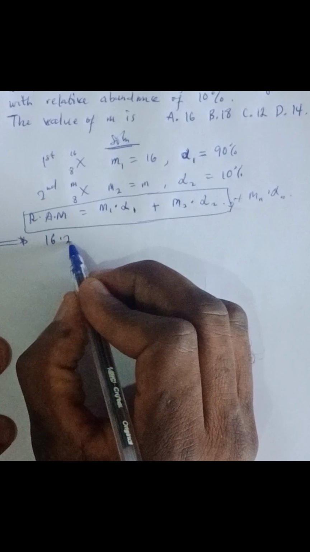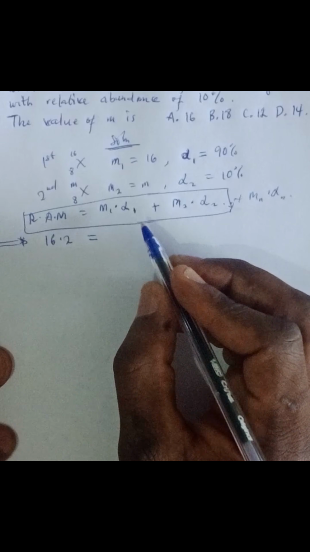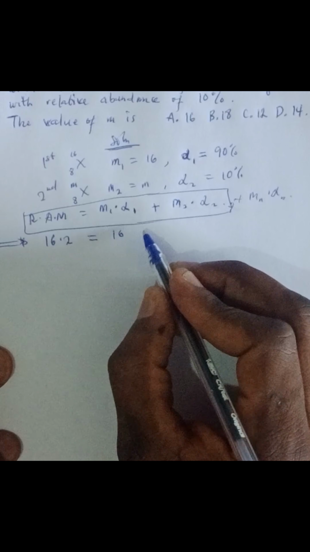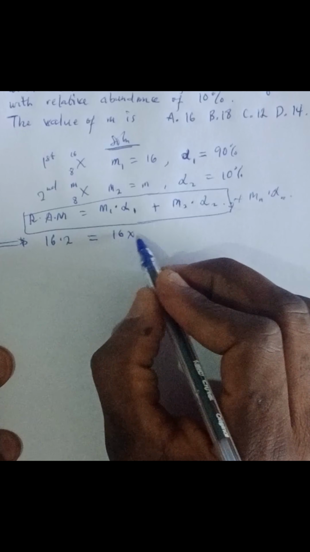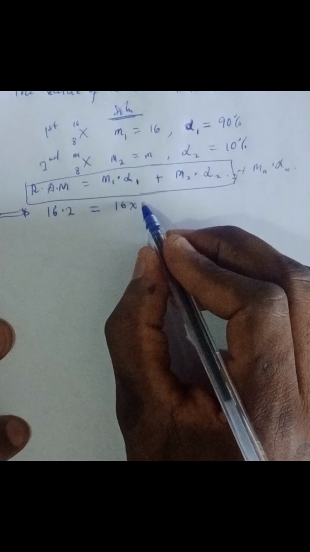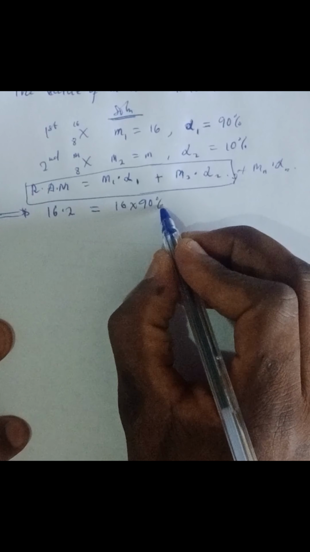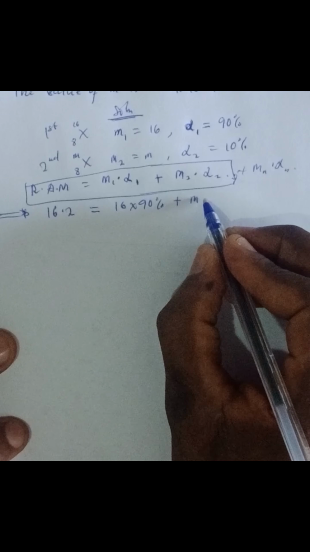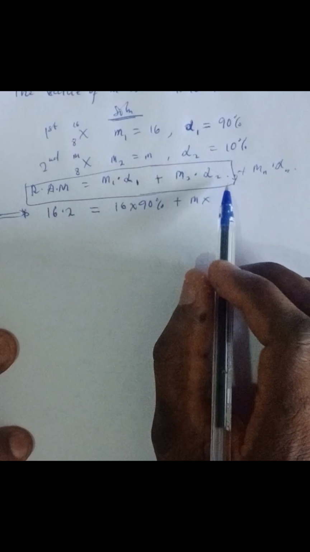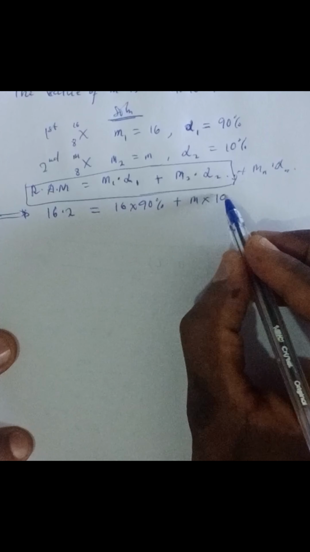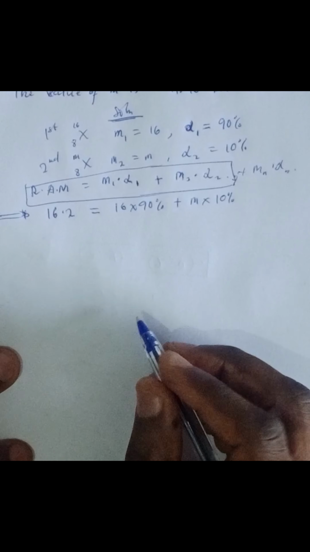So this implies that our relative atomic mass is given as 16.2 in the question. We have 16.2 equals our M1, which is 16, multiplied by our alpha 1, which is 90%, plus our M2, which is m, multiplied by our alpha 2, the relative abundance of the second isotope, 10%.